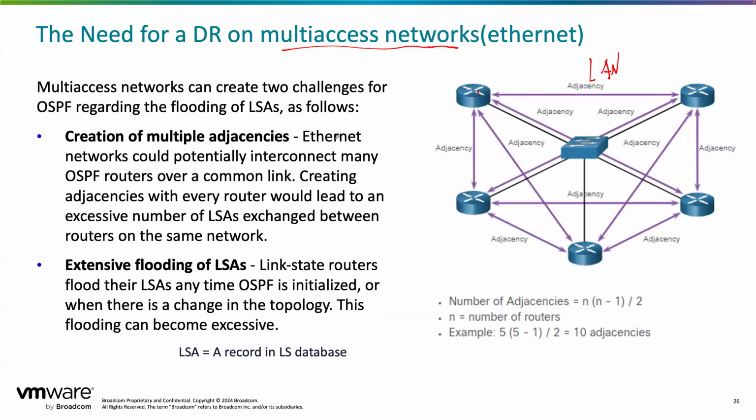Based on our rules, every OSPF router has to negotiate and establish adjacency with each other. That means the final number of adjacencies will be very massive, which is n times n minus 1, divided by 2.